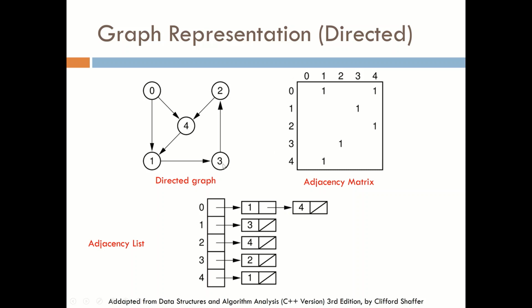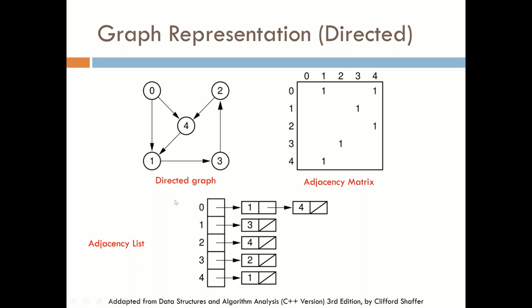Okay. Same thing with 3. 3 is only adjacent to 2. Okay. 1 is only adjacent to 3 because the edges are directed. Vertex 0 has two outgoing edges, one to vertex 1 and one to vertex 4.